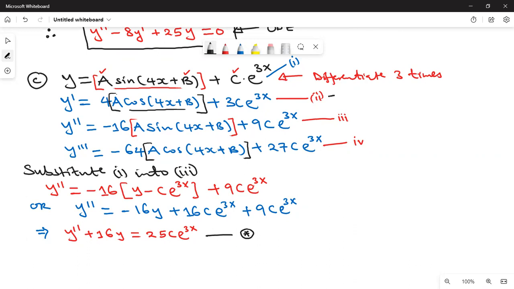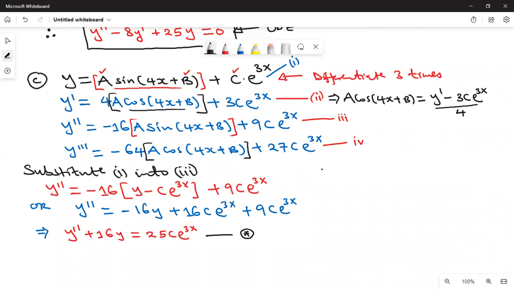Just from this, you can write a cosine of, not 3x, that should be 4x plus b. What should it give us? It should give us y prime minus 3c exponential 3x, and this you divide by 4.